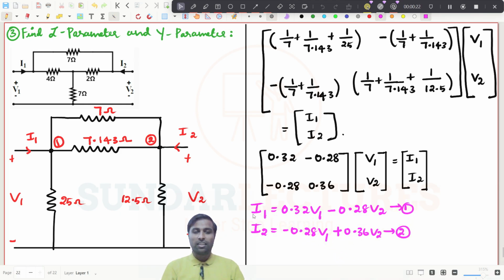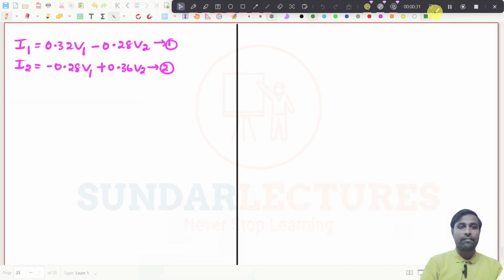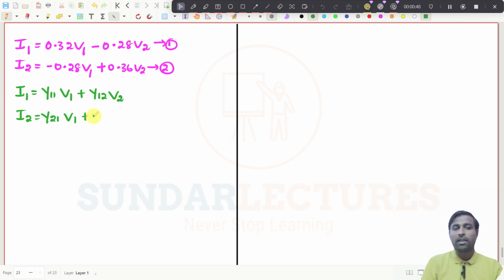And you see this one, what is the y parameter? Maybe I will take this to the next page. What is the y parameter? It is I1, which is equal to y11 V1 plus y12 V2. That is the first expression. And I2 is y21 V1 plus y22 V2.